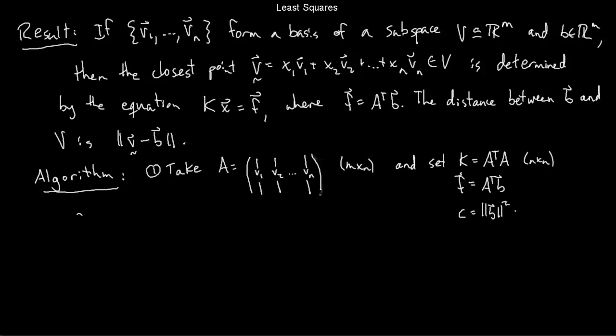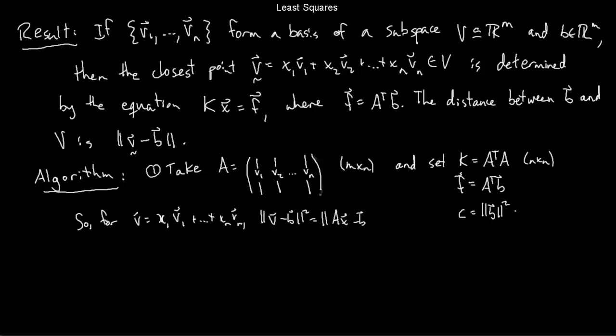Then, what are you looking at? If you take v to be x1 v1 plus x2 v2 plus xn vn, then the norm of v minus b squared, well, v is A times x, isn't it?